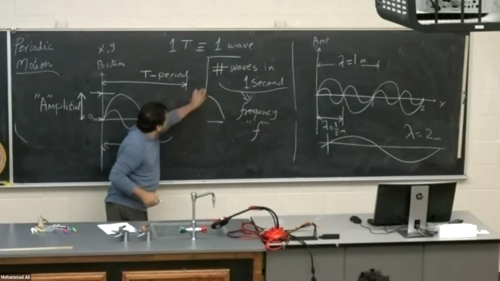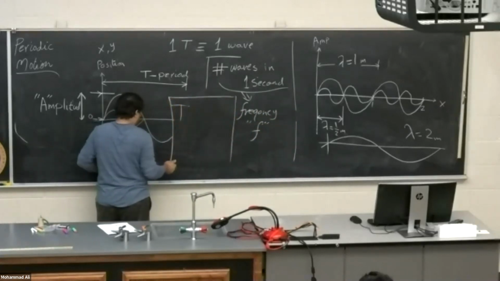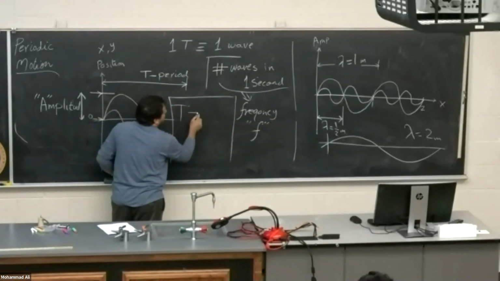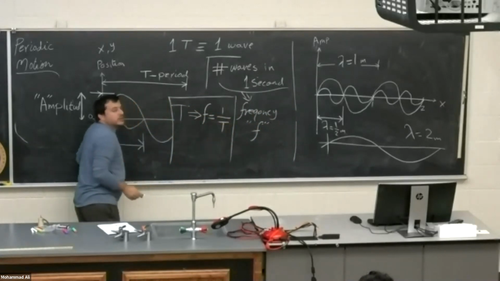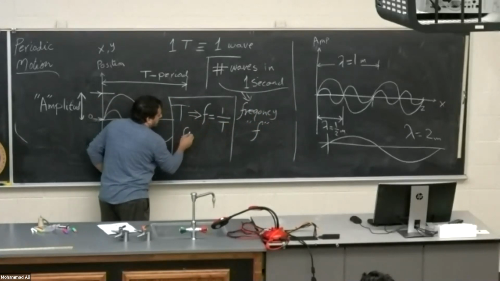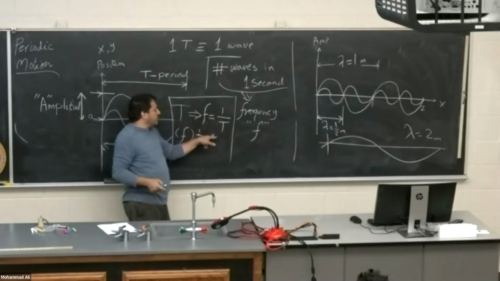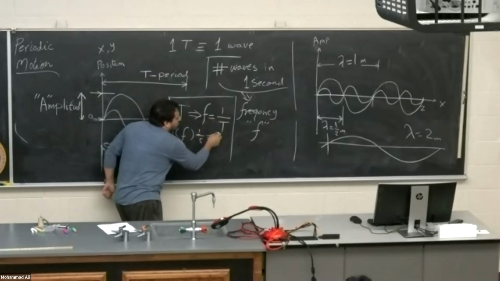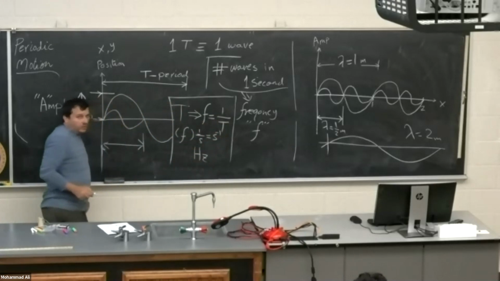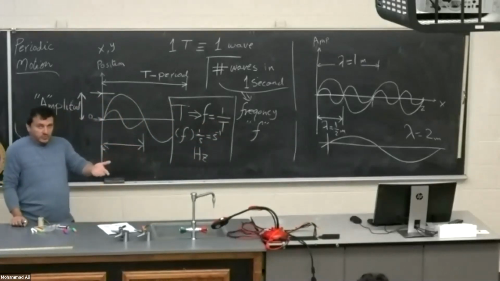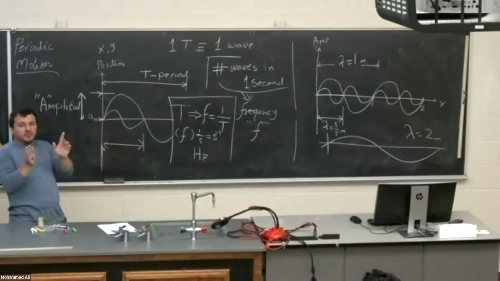So if you have the time period for the wave T, then the frequency is equal to 1 over T. The unit of the frequency is 1 over second, because the time is second, 1 over second, or second to the minus 1, or we have another name which is hertz. If you hear about this unit from the radio station, it's hertz. It's number of waves per 1 second.